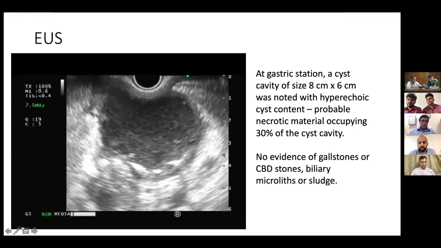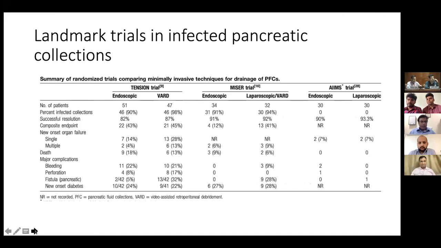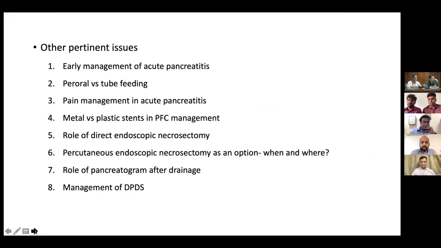Can we discuss other aspects of pancreatitis? What is relevant in this patient, other than only the pseudocyst or walled-off pancreatic necrosis? Yeah, I think nutrition is very, very important in this particular case.